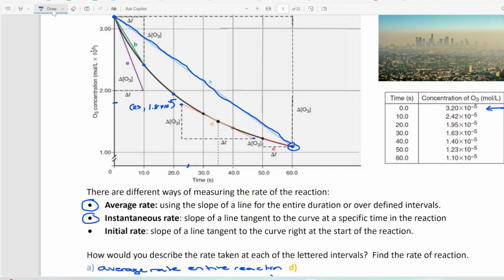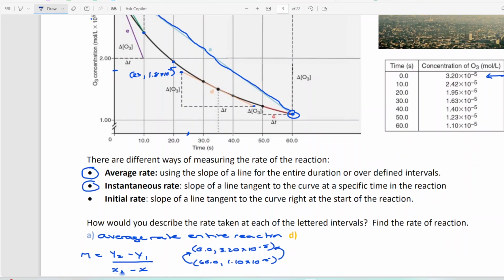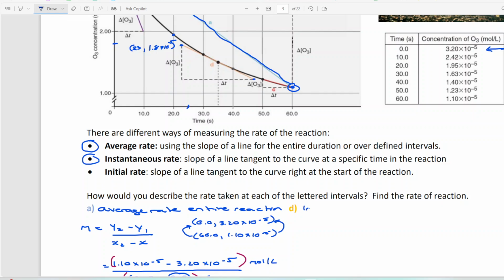Okay. And then if we look at a coordinate of a point down here, so again, this is D. D is an instantaneous rate. And we're calculating the slope. I'm going to use my point 1.8 times 10 to the negative 5.